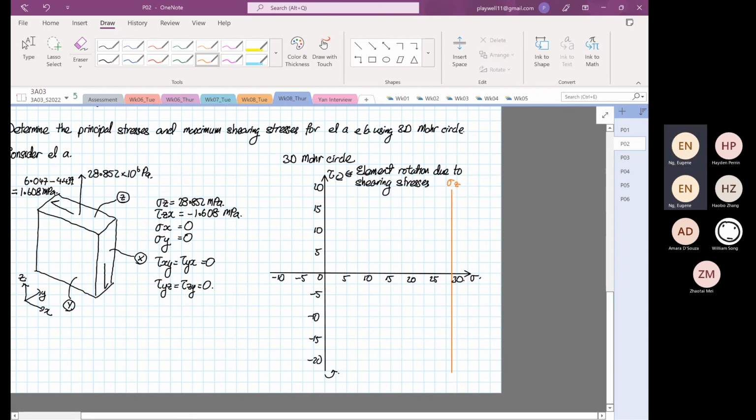And our normal stress X line and stress Y line are on this 0 line over here. And our shear is 1.608. Okay, so 1.6. I'm going to sketch this out. I've chosen a very bad scale, I know that.